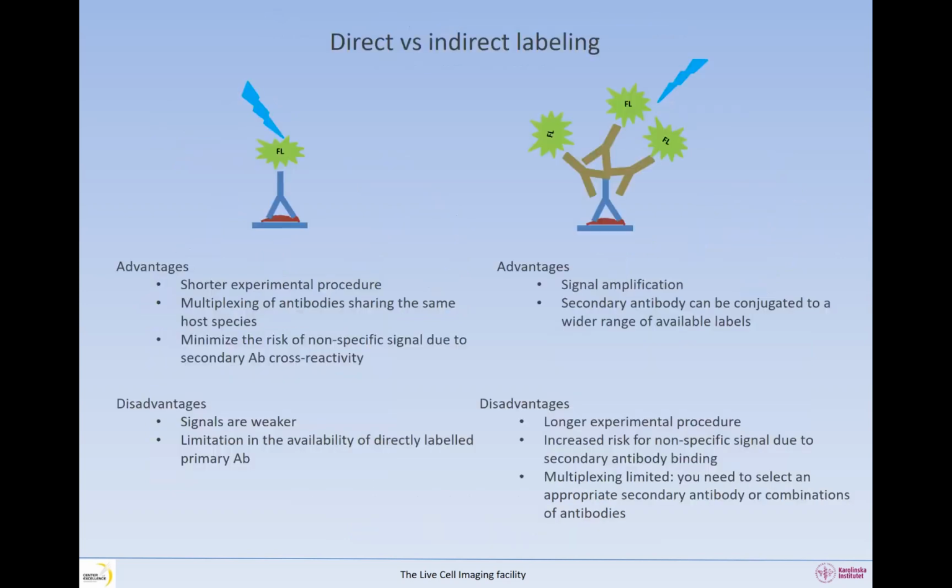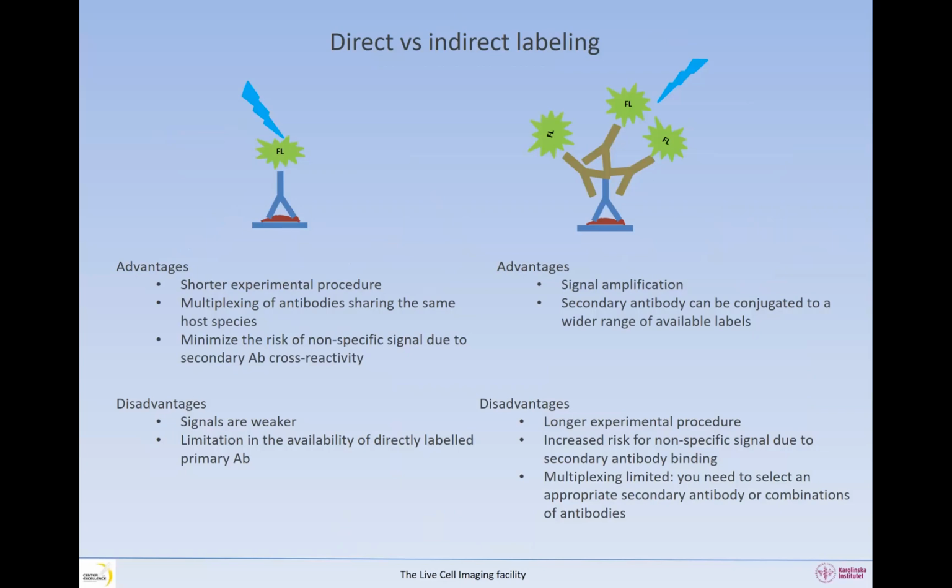So what are the advantages or disadvantages of using directly labeled or indirectly labeled antibodies? If we use directly labeled primary antibodies, of course, we will have a shorter experimental procedure.